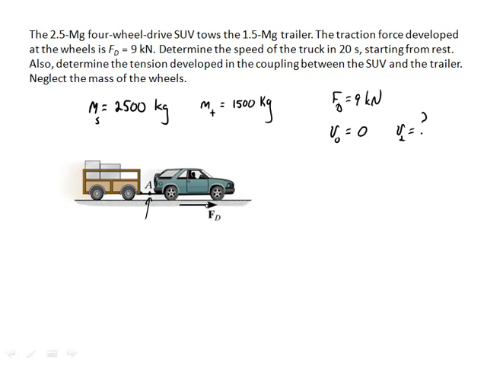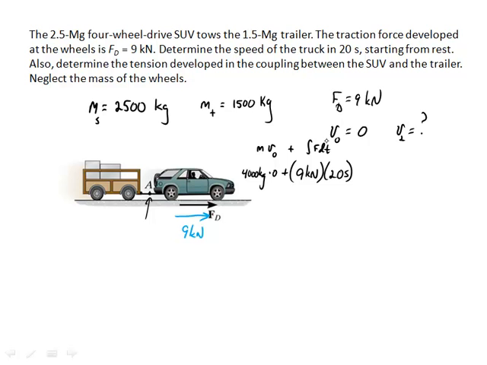Alright, so the forward force, FD here, is the only force in the forward direction, and that's 9 kilonewtons. I'm going to look at impulse here. So I have 9 kilonewtons times 20 seconds. That's going to be the impulse. The initial momentum of the system is 4,000 kilograms times 0. So there's mv initial plus the integral of f dt.